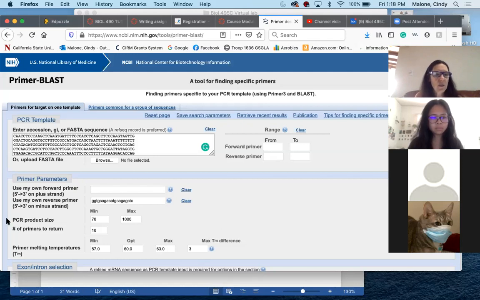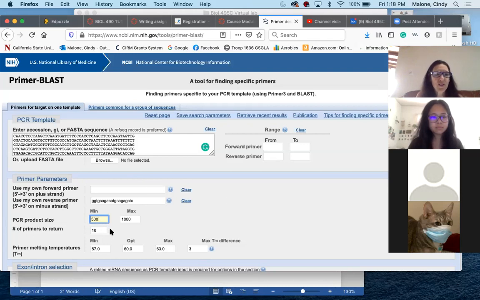Okay, and so then the PCR product size, we don't want our minimum to only be 70 base pairs. We want our minimum to be about 500, right? That was our goal. We could make it smaller if we get nothing back and the computer can't find a decent primer in that big region. Max I'm gonna leave as 1,000 because I don't even have more than 1,000 base pairs in here, so that doesn't really matter.